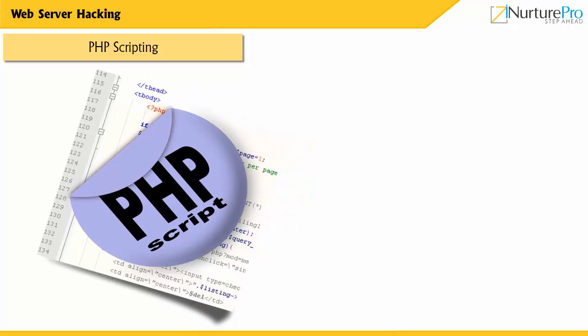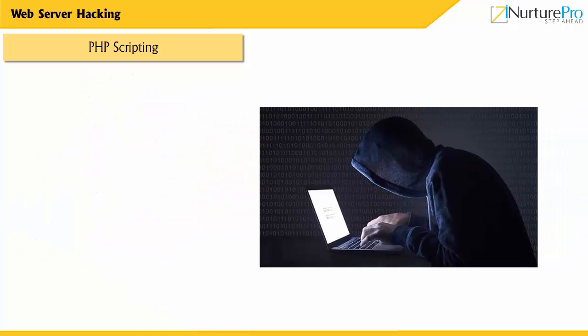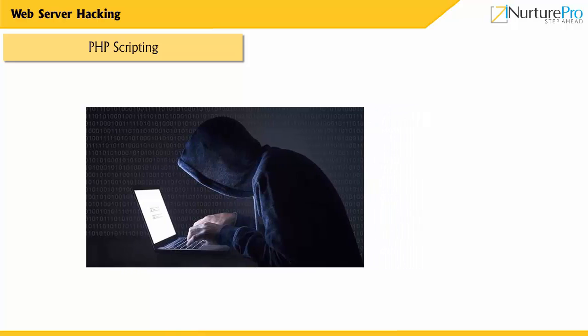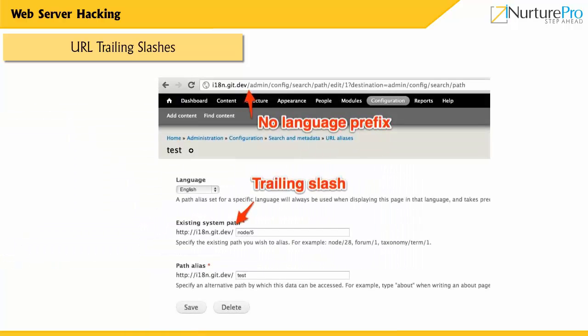PHP is a vulnerable scripting language as it opens doors for hackers to run malicious code on a web server. If the trailing slashes in a URL are not limited and if the language prefix is not present in the URL, it may expose the original directory listing.